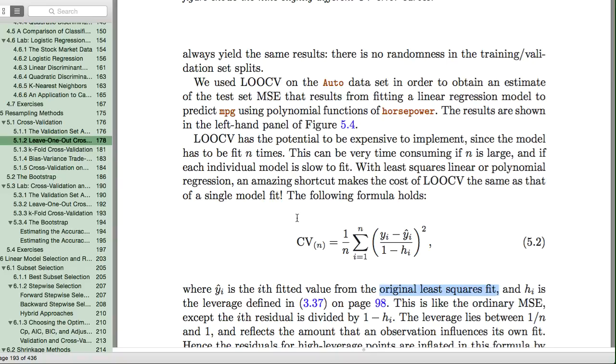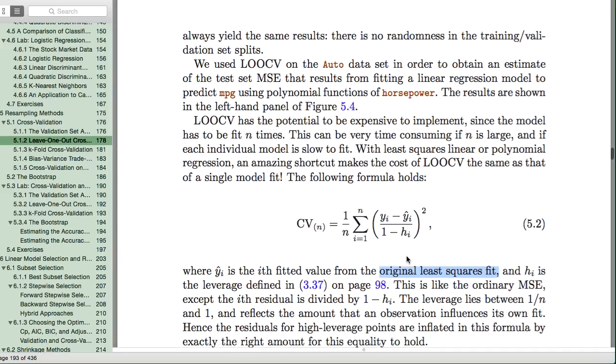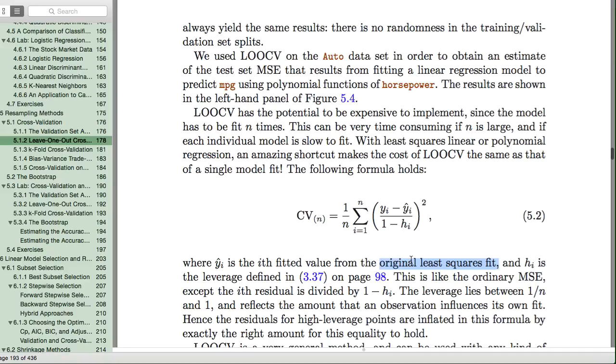Now, that's not such a big deal, because in linear regression it's pretty easy to get the mean squared error. But this can potentially be a better estimate because it takes into account the extent to which an observation influences its own fit.